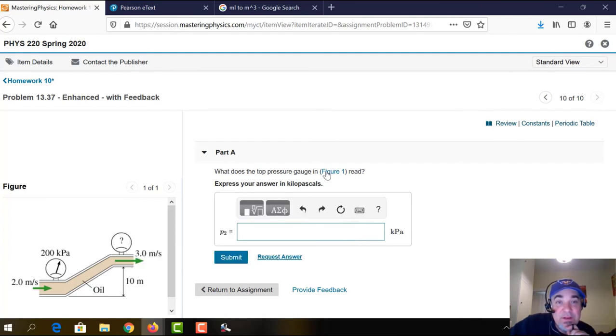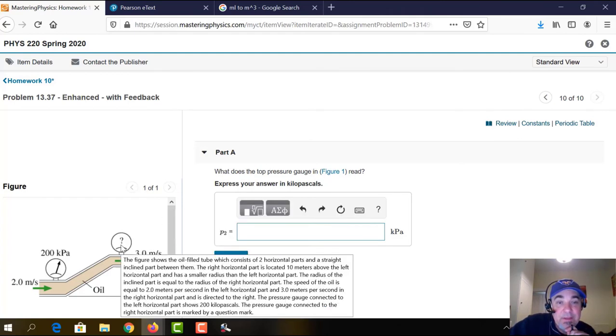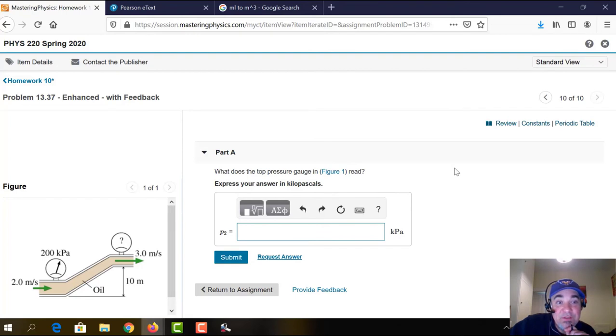And we want to know what is the pressure up here. Now the volume flow rate equation still works. If you know the volume flow rate here, it's the same as the volume flow rate here. Fluid is just coming out faster at the top because it's more constricted. And then be careful, we want the answer in kilopascals.